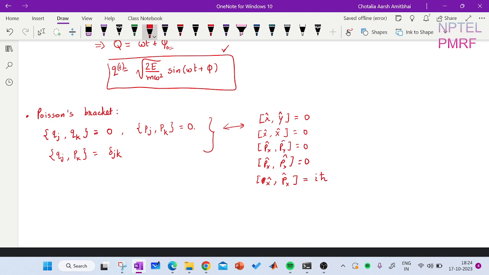I think it is i h cross. I might be missing a factor of i or minus 1. But in the same way, if you want to get a non-zero Poisson bracket, you should have Q here and P here. That is one thing. And you should have the same index j and k here. Otherwise, this would be 0.